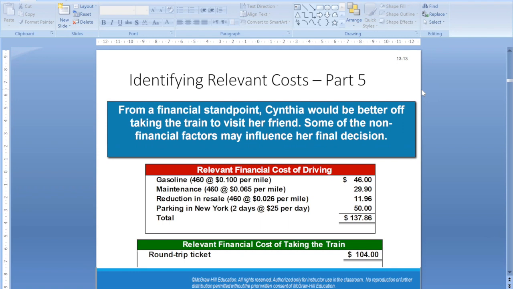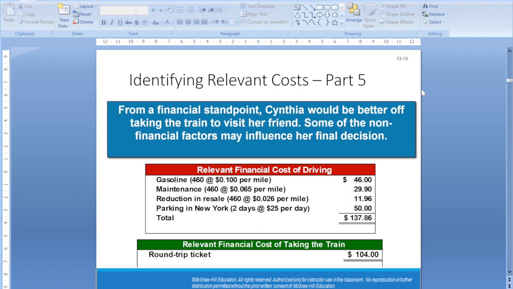The total costs, if I drive my car, will be 137.86. I will compare this amount with the round trip train ticket, and I will avoid all of these.